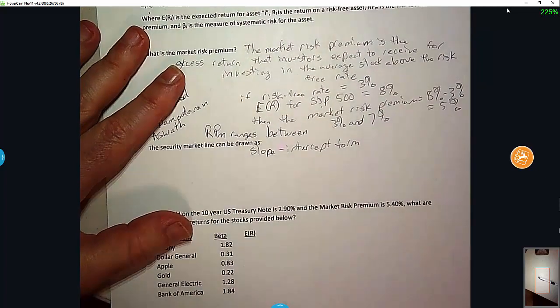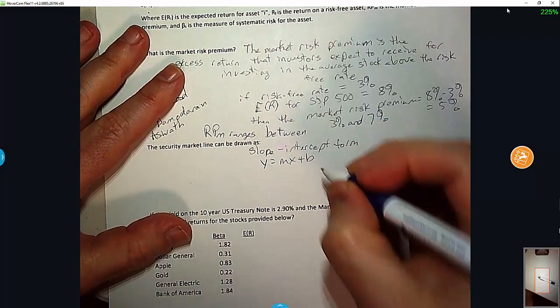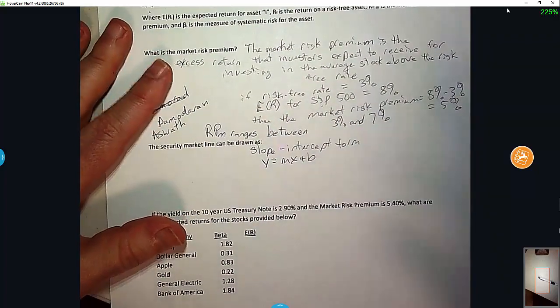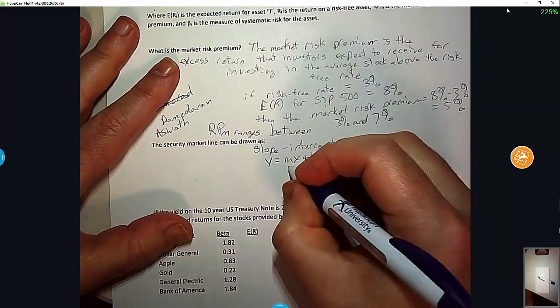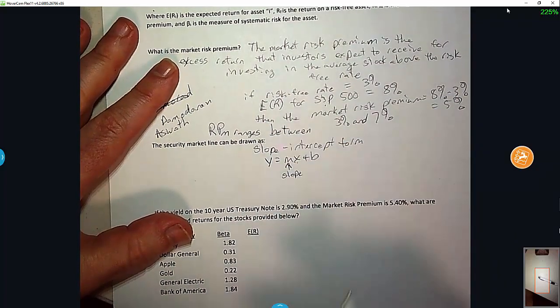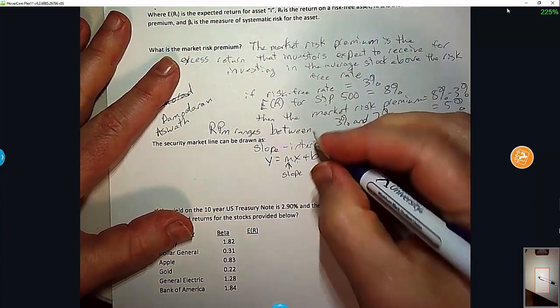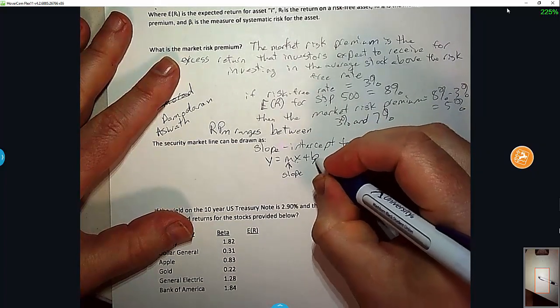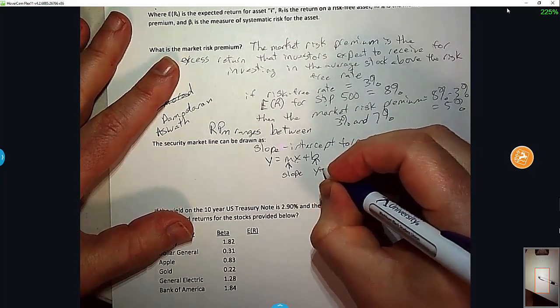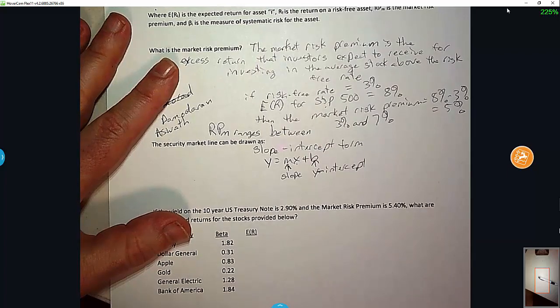The slope-intercept form said that y is equal to mx plus b, y being the variable you're looking at, m being the slope, x being the x value on the horizontal axis, and b being the y-intercept.